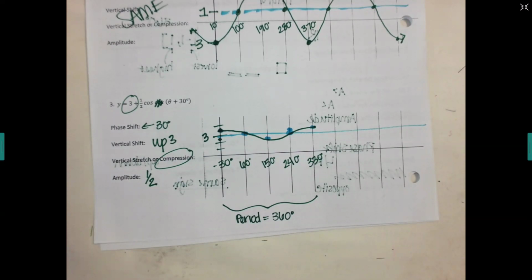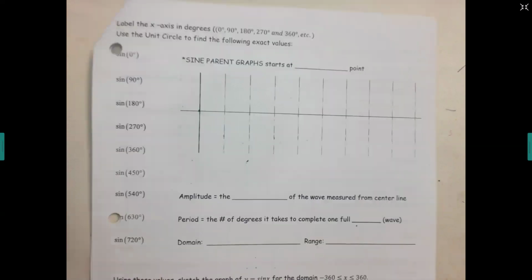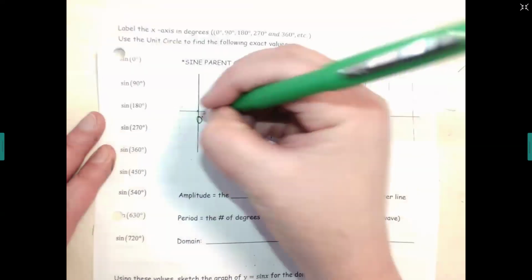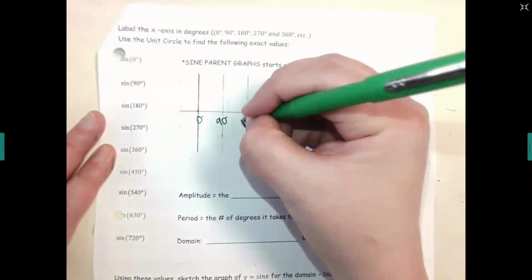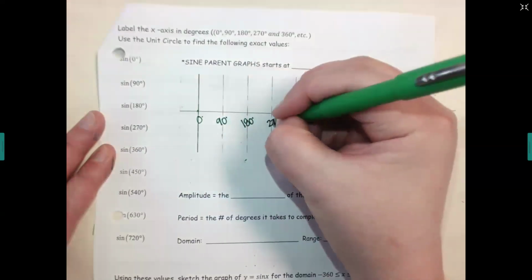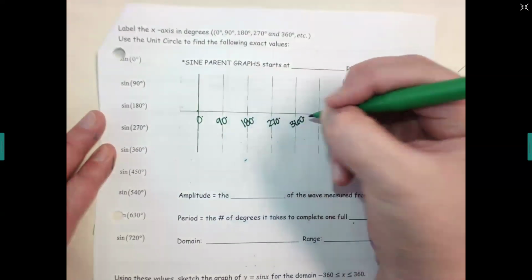So you've done several cosine graphs. The only other equation that you will know by the end of this lesson how to graph is sine. So we're not going to do tan and secant and all the other ones. Okay, the sine parent graph, go ahead and turn the page. Okay, we're going to label our x-axis 0, 90, 180, 270, and 360.